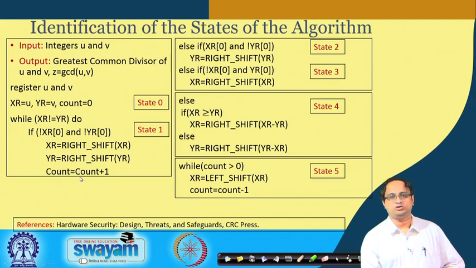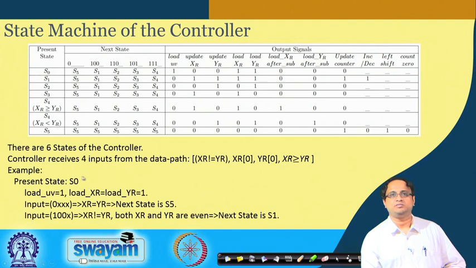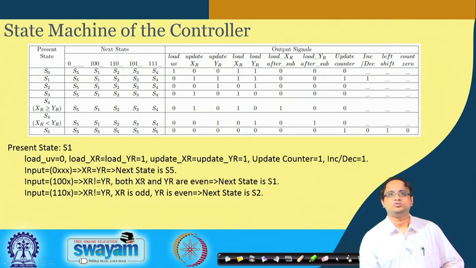Okay, and you also upcount a counter. So now if you go back to the state table, what you do exactly is this: you make load_XR and load_YR both 1. You make update_XR and update_YR also 1. Okay, and update counter is also 1.